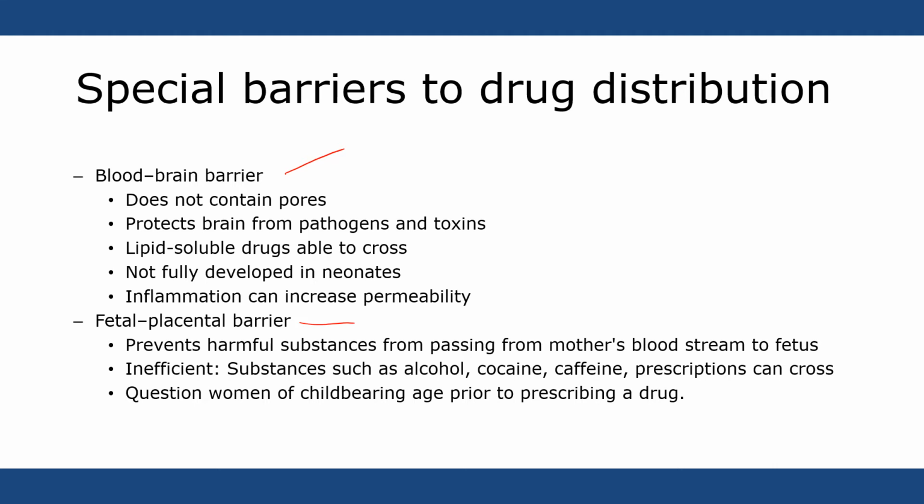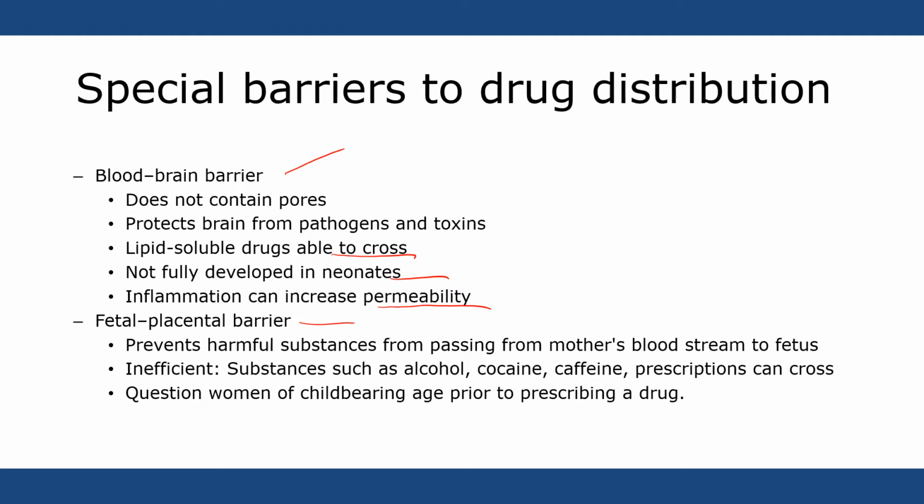Also recall that lipid-soluble drugs are able to cross the blood-brain barrier. These barriers are not fully developed in neonates, so you have to be very, very careful when we prescribe medication to these little patients. Inflammation can actually increase permeability, so at that time drugs are able to pass through.